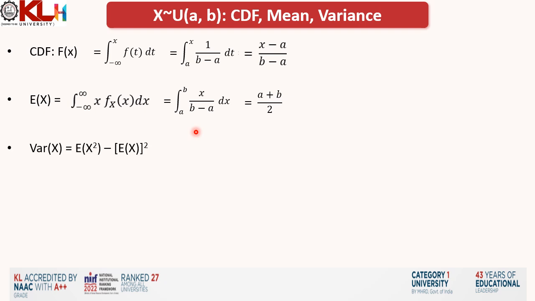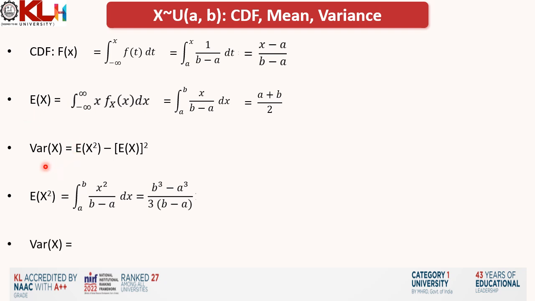For the variance, we need to calculate the expectation of x squared, which is the integration of x squared divided by b minus a over the interval a to b, which is b cubed minus a cubed divided by 3 times b minus a. So by substituting E of x squared and the mean in the variance equation, we get the variance of x, which is b minus a whole squared divided by 12.